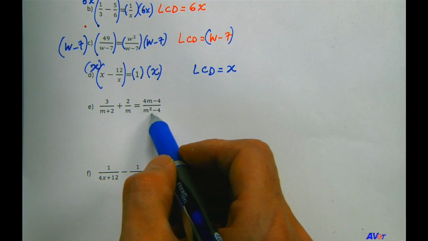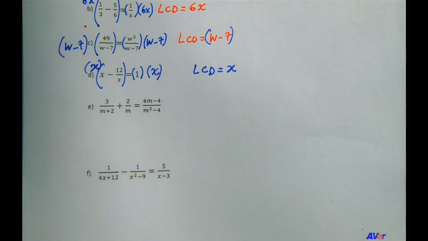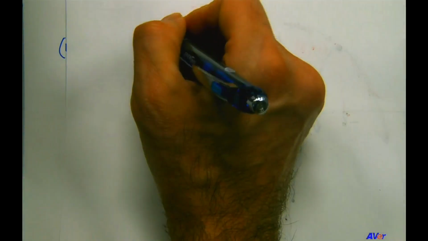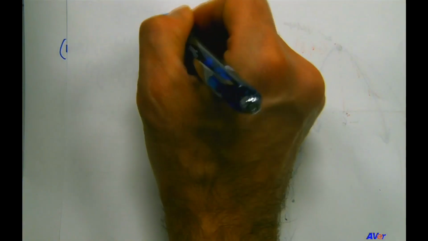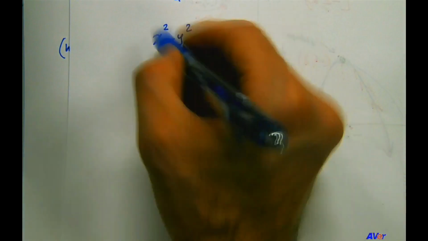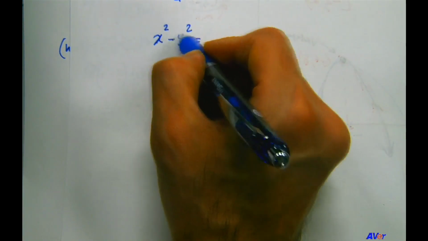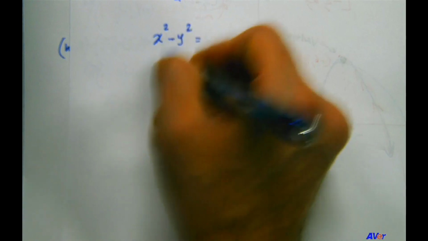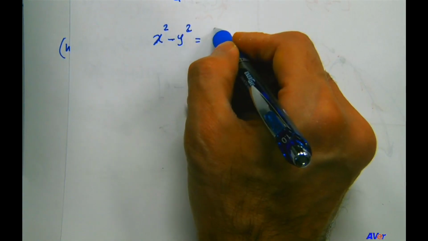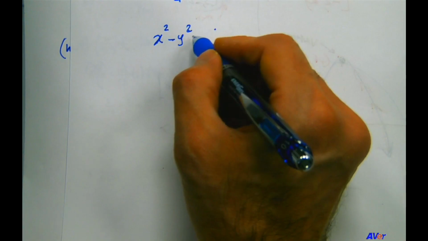If you remember, let me bring back my scratch paper here. Do you remember that if you have x squared minus y squared, in other words, a perfect square minus another perfect square, we had a special product formula for this, right? This is one of the 3 special product formulas that I've asked you to memorize.